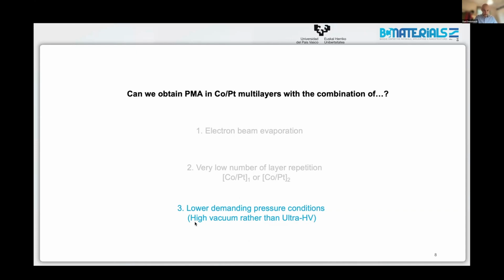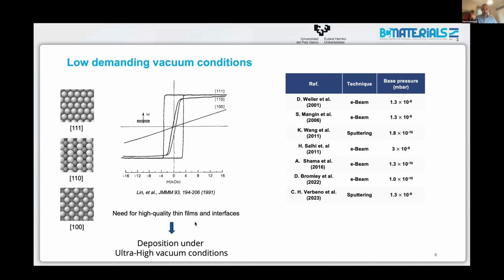Because historically, since the very beginning of the studies with cobalt and platinum systems, it is well known that only the 1-1-1 crystallographic ordering is the responsible, the main actor in promoting the PMA in those systems compared to other crystallographic orderings. So historically, all the groups worked in the 10 to the minus 8 up to 10 to the minus 10 base pressures in order to get high quality thin films and interfaces to promote this particular growth condition.